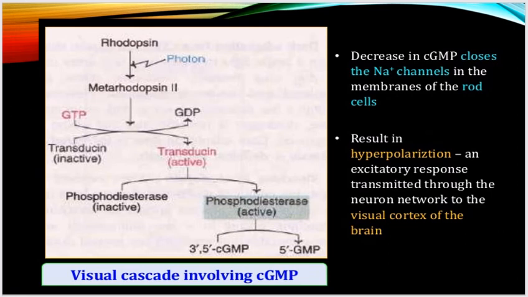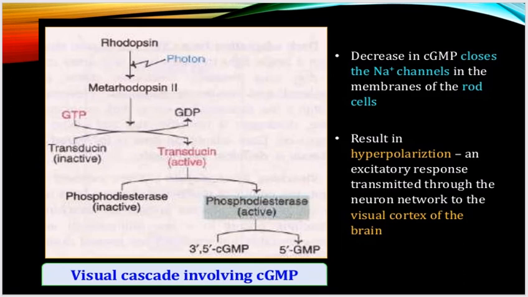In the visual cycle involving cyclic GMP, photorhodopsin is converted into metarhodopsin 2. With the help of a phosphate bond, GTP is converted into GDP, and transducin is converted into its active form, and it converts the inactive form of phosphodiesterase into the active form.